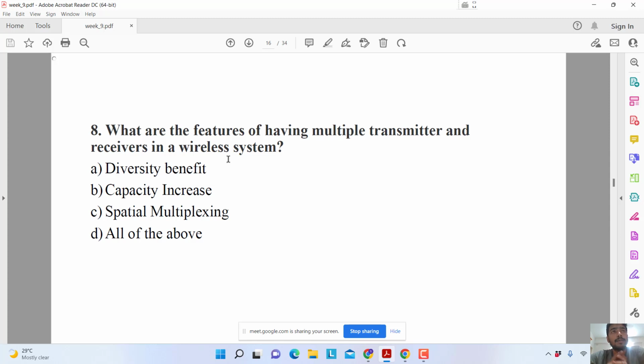Again, I'm repeating: what are the advantages we get when we use multiple transmitters and receivers in a wireless system? We have four options: diversity benefit, capacity increase, spatial multiplexing, and all of the above. You can comment your answer.